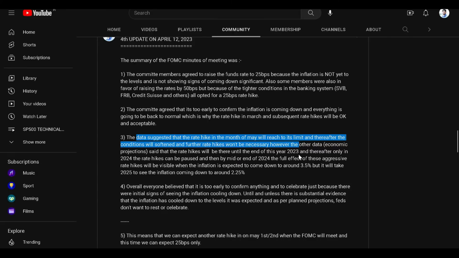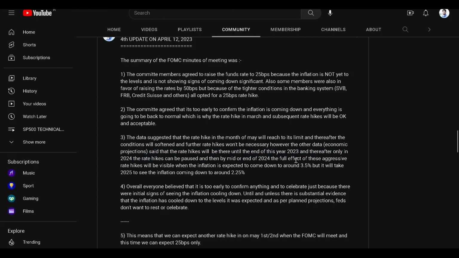This means that once again we are expecting a rate hike in the month of May, but some committee members were saying that after the rate hike of May, the conditions may soften, and further rate hikes might not be needed. So, the economic projections, other than that, the other data, said that the rate hikes will be there until the end of this year, 2023.